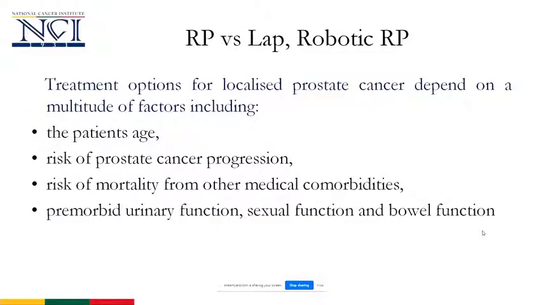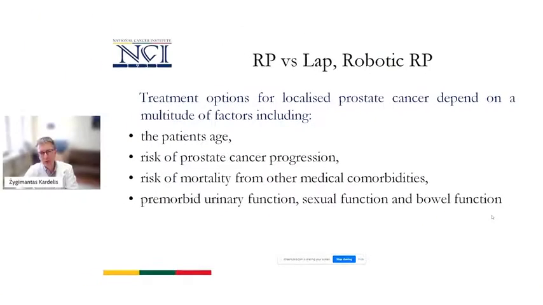Treatment options for localized prostate cancer depend on a multitude of factors, including patient age, staging of prostate cancer, the risk of prostate cancer progression, risk of mortality from other medical comorbidities, premorbid urinary function, sexual function, and bowel function.